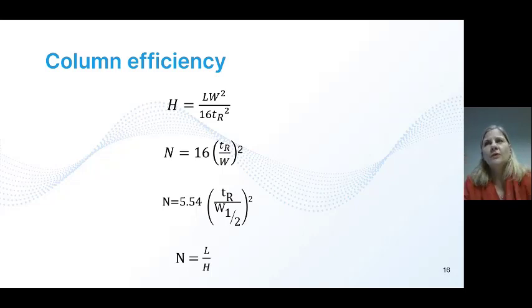If you have very broad peaks, then your W value, your peak width, becomes too big, and your H value, your plate height, becomes too big. So you have to change conditions so you can have nice sharp peaks. That's the whole point of an efficient column separation: to get sharp, well separated, baseline separated peaks.